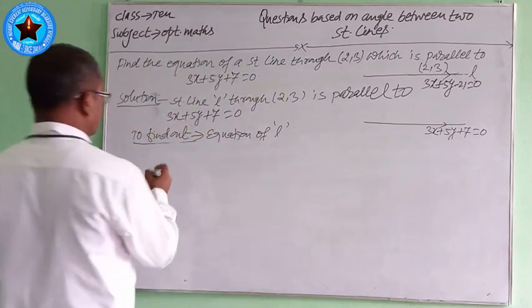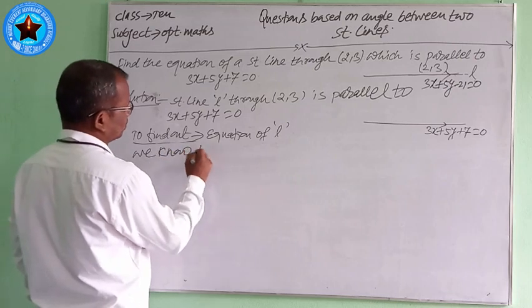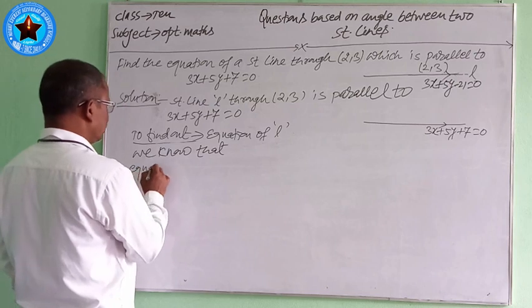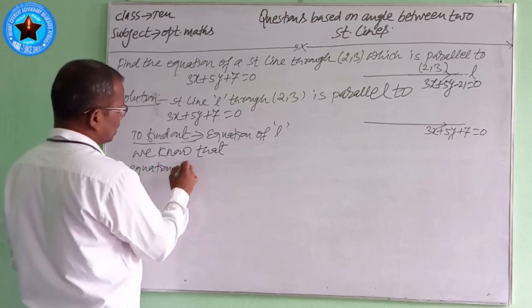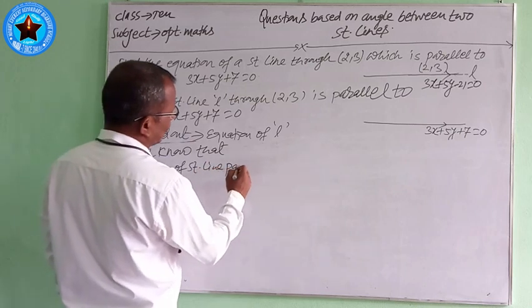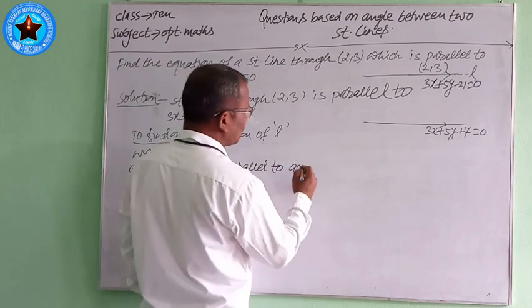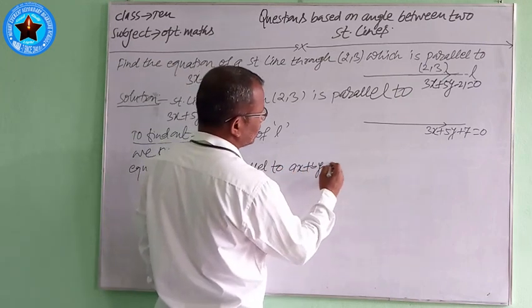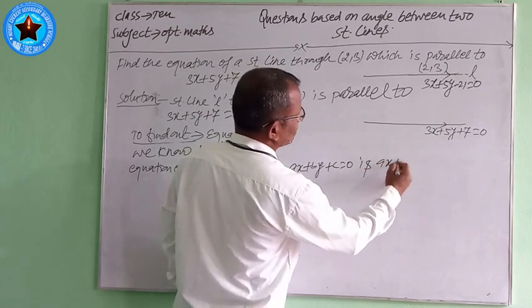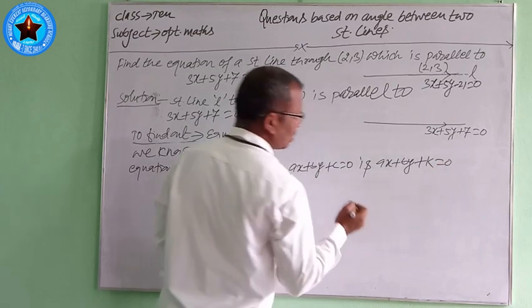Here we know that the equation of a straight line parallel to ax plus by plus c equals 0 is ax plus by plus k equals 0.